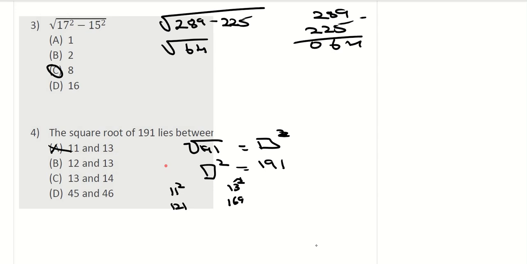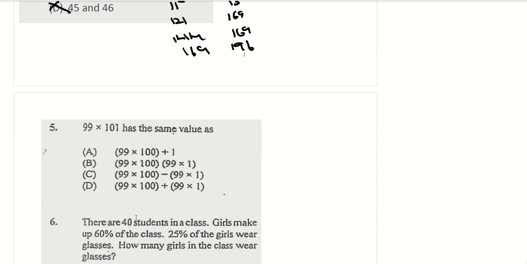What about 12 squared? That's 144 and 169. No. 45 squared and 46 squared is going to be too large a number. So your obvious answer through elimination would be C. Or you could say 13 squared is 169 and 14 squared is 196, which 191 does lie between. So the answer will be C, 13 and 14.